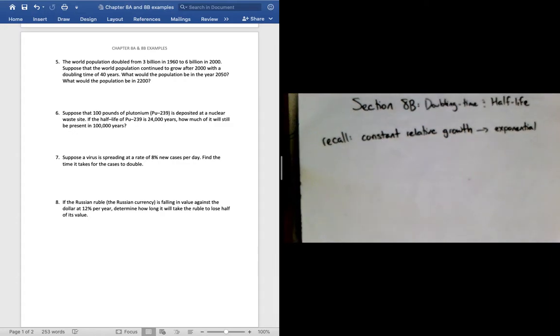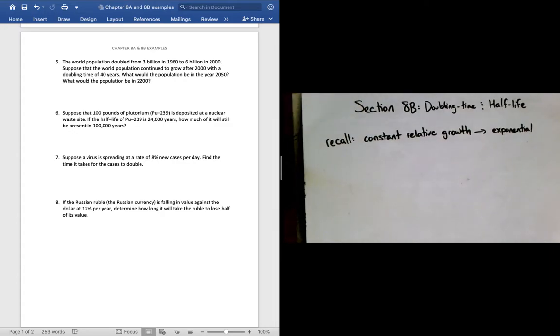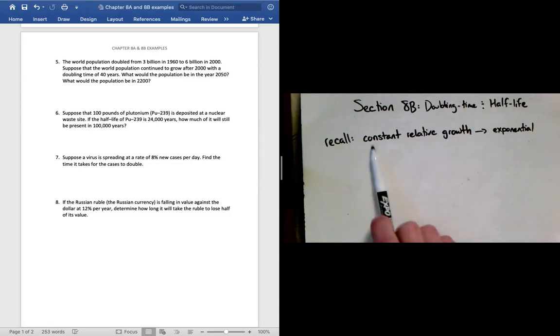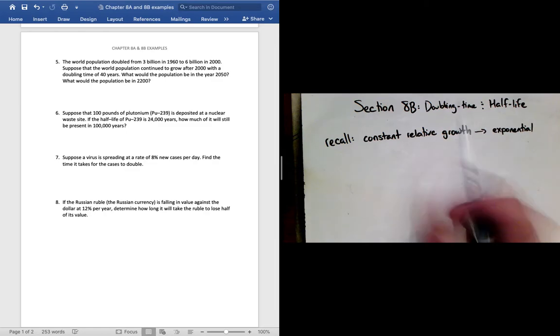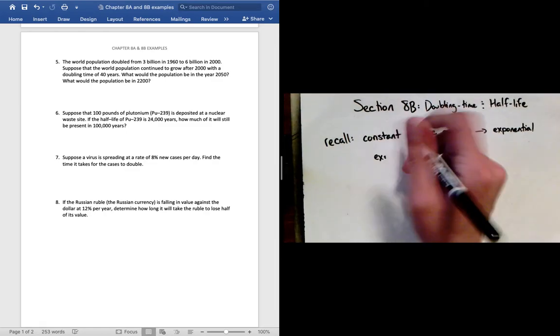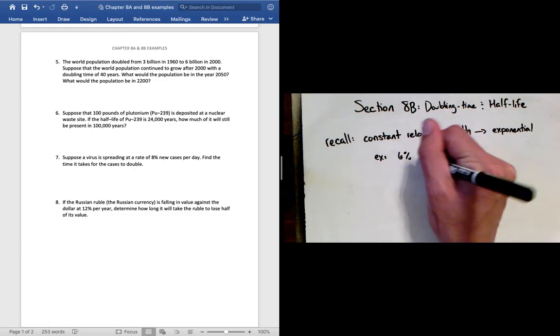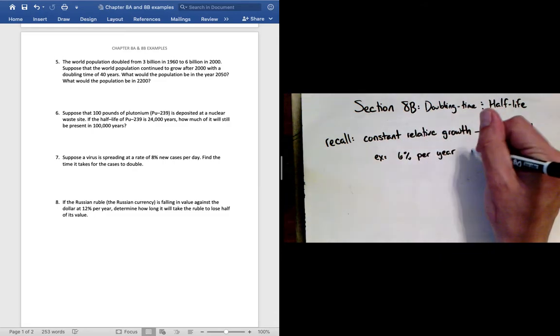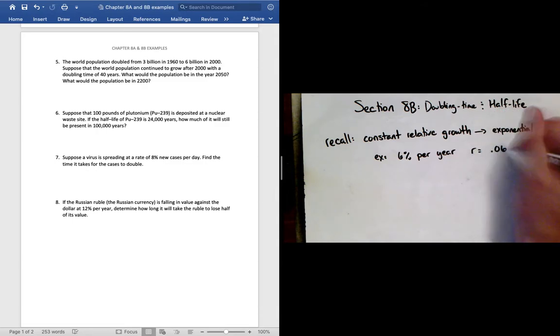In this video, we will cover section 8b, which is all about doubling time and half-life. Recall that anything that grows constantly at a relative growth rate is exponential. For example, if something grows 6% per year, then we let the R value equal 0.06.